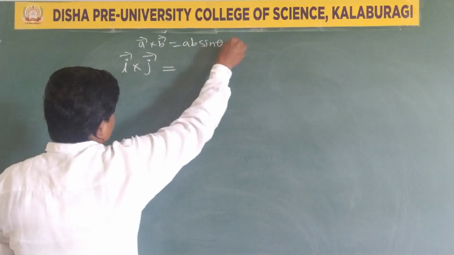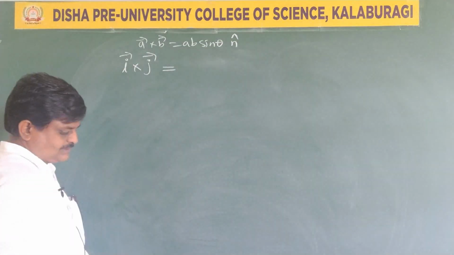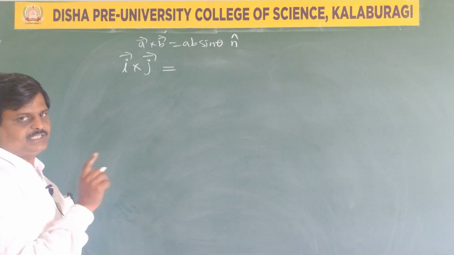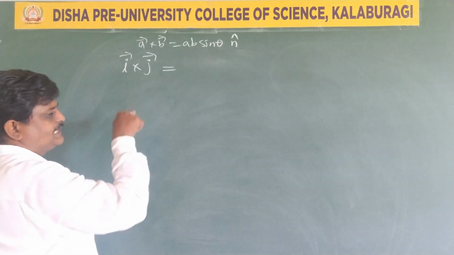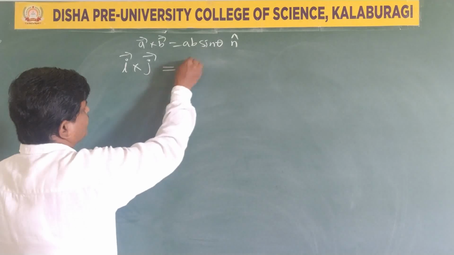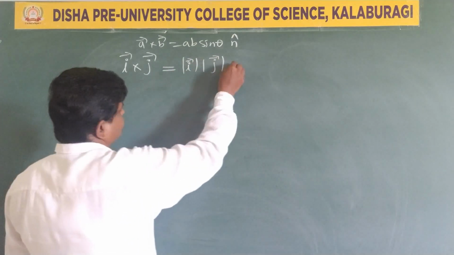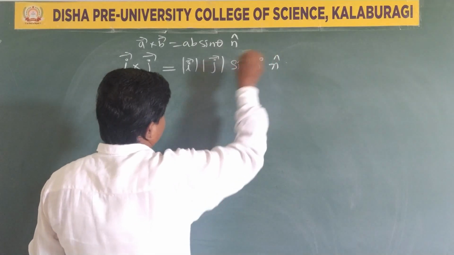AB sine theta into n cap. Right. So for I cross j, I is along x, j is along y. So what is the angle? 90 degrees, because the angle between x and y is 90 degrees. Therefore the magnitude of I vector, the magnitude of j vector, and the angle between them is 90 degrees, and n cap.